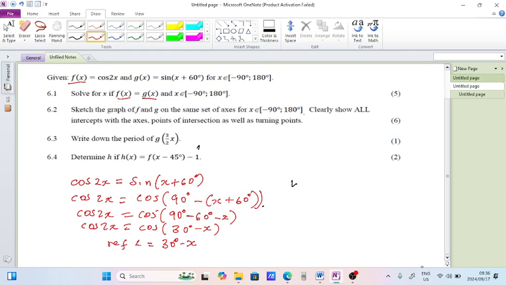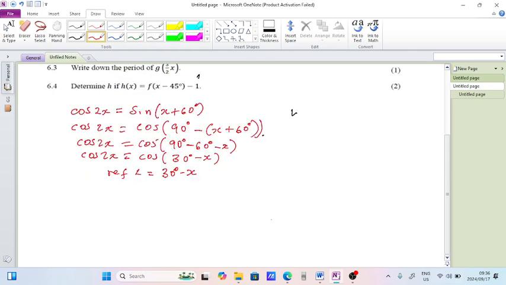Right, now it means our sign must be positive, because looking on the left hand side and the right hand side, the one that is positive there. So if they are positive, what must we do? We must show that they are positive in which quadrant? First quadrant and the third quadrant.